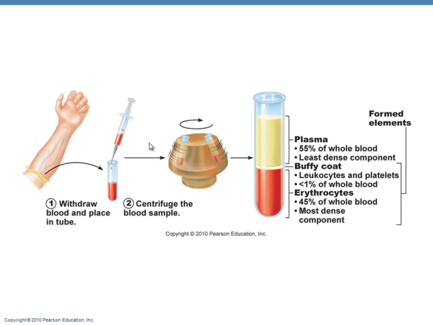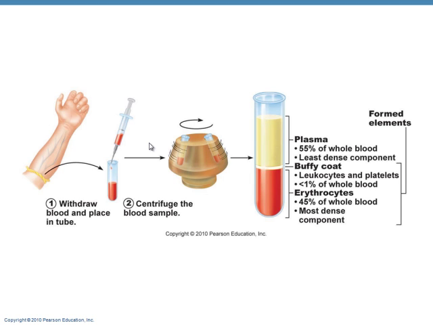And the other 45% of whole blood, and that's what we think of when we think of blood most, because they're very vivid and bright in color, are your what cells? Red blood cells. Or what's another fancy name for those guys? Erythrocytes.